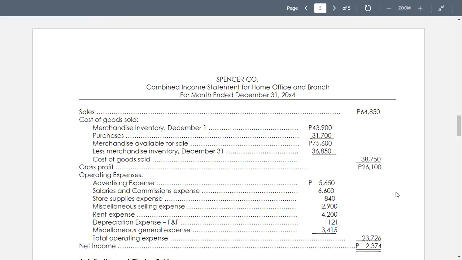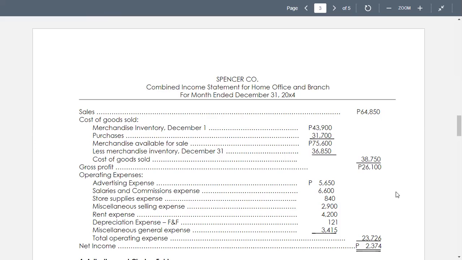So for the combined income statement for home office and branch, we now carry sales, 64,850, then merchandise inventory on December 1, 43,900, and that's after adjustment of the 2,000.